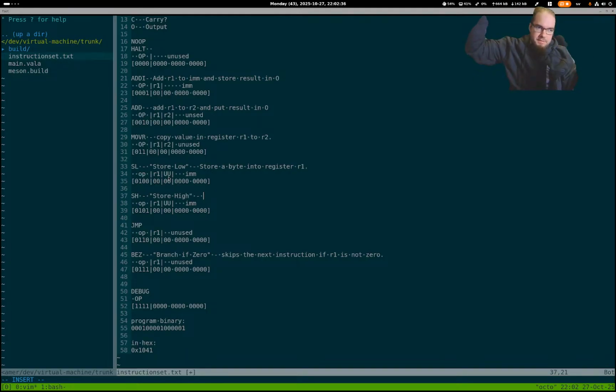That's basically store high and store low, and then we have to have load low and load high. We're going to read from an address, which is also going to be stored in a register.